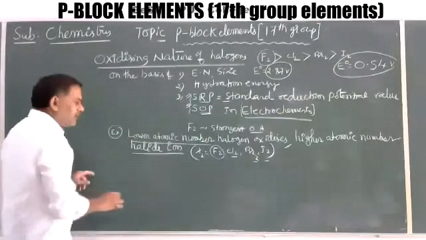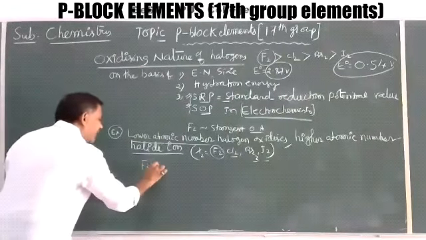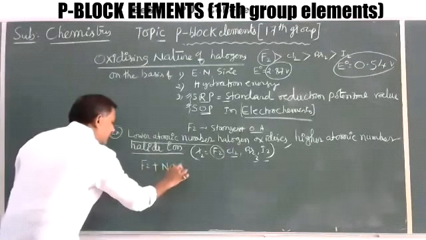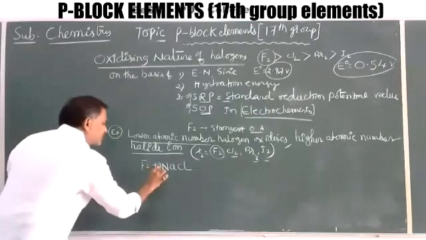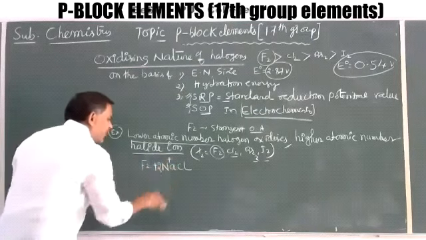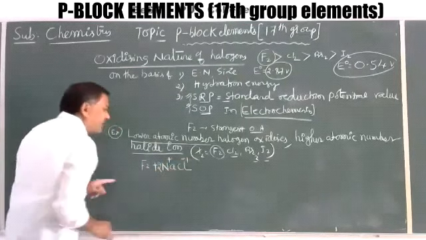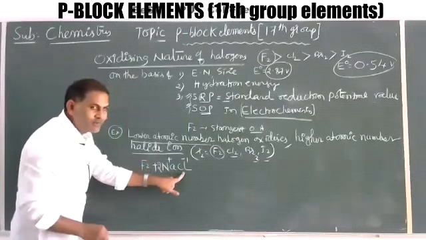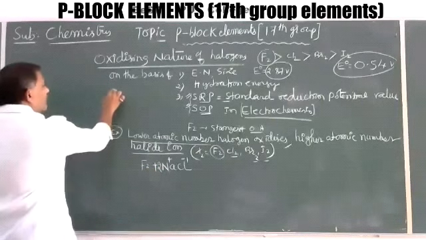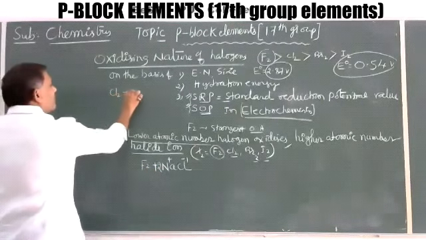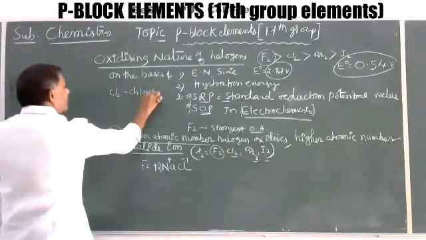Clear? Now that fluorine has to react with NaCl, sodium chloride. Here are 2 moles of sodium chloride. Sodium is +1. Chloride, it is not chlorine. Do you know the difference between chlorine and chloride? Cl2 is named chlorine molecule.